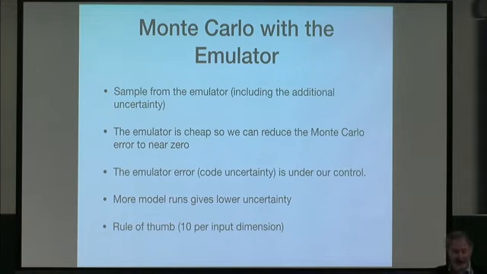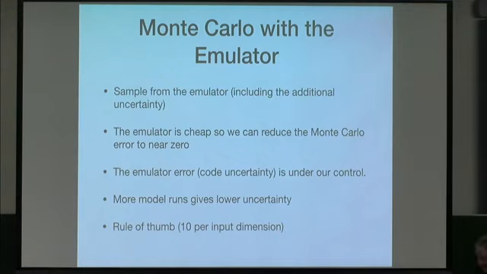There is, however, this additional error we've added in, the emulator error. The emulator isn't perfect. That's sometimes called the code uncertainty, but that's under our control, because when we do our training set, we can expand that training set and reduce that code uncertainty. In principle, we can reduce that to 0 if we do enough runs.